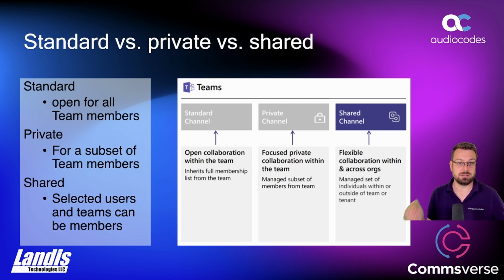Externals via guest accounts, but there's no hidden agenda, no hidden structure, no hidden conversation. It's to work together. The next one is a private channel. There you have a subset of users in your team granting access to a specific channel.